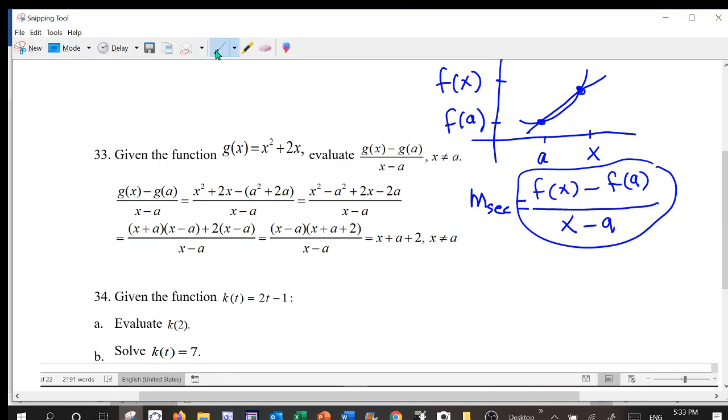So we have to use a trick to factor this, so we can get x minus a out of it. If we can get x minus a out of here, we can simplify it, right? Now we know x squared minus a squared is nothing but what?